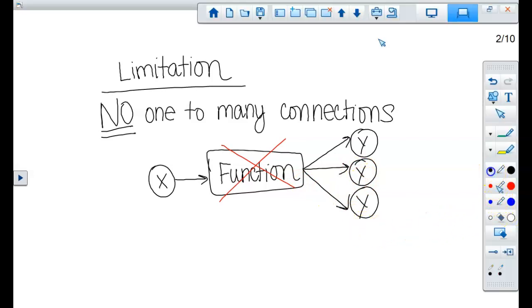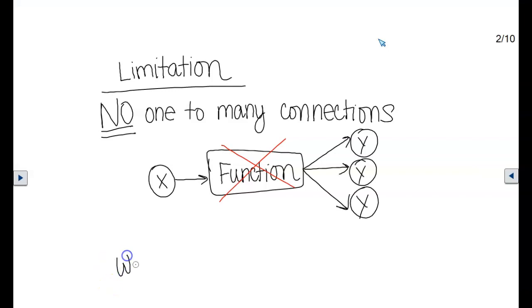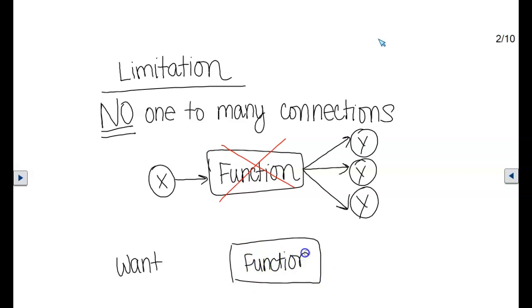So when I'm dealing with a function, what I want is this. When I give it one particular x value, I want it to connect or output exactly one y value. So you don't want one-to-many connections.